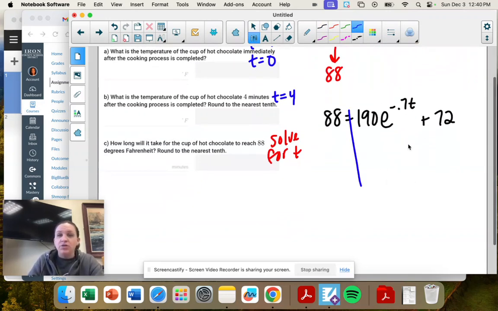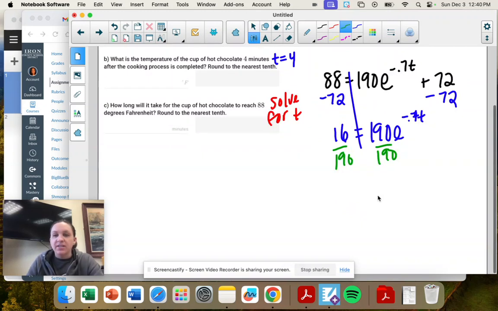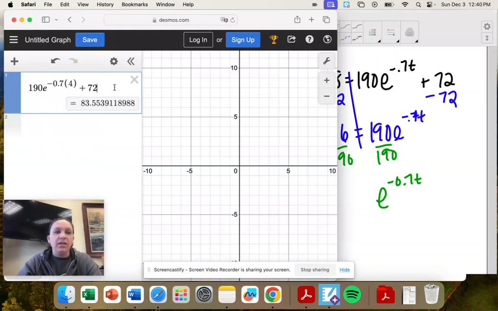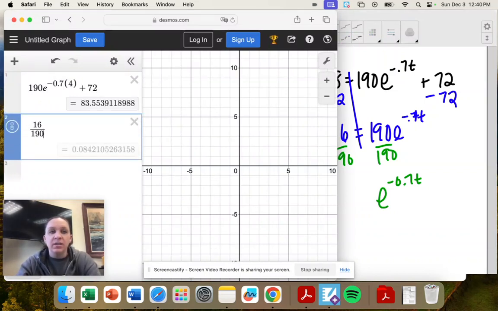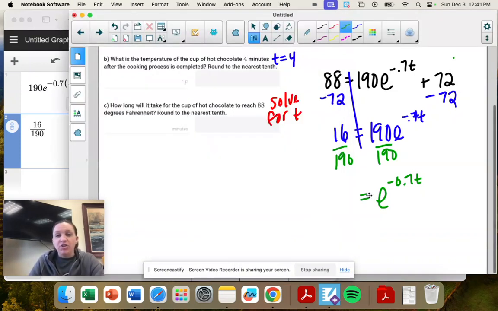We're trying to find t, and we need to isolate the exponential part. So 88 minus 72 is 16. And then we're going to divide by 190, and that's going to get the e by itself. So 16 divided by 190, let's see if I can reduce that. 8/95. I'm going to leave it as a fraction until the very end. That way we don't lose anything with rounding.